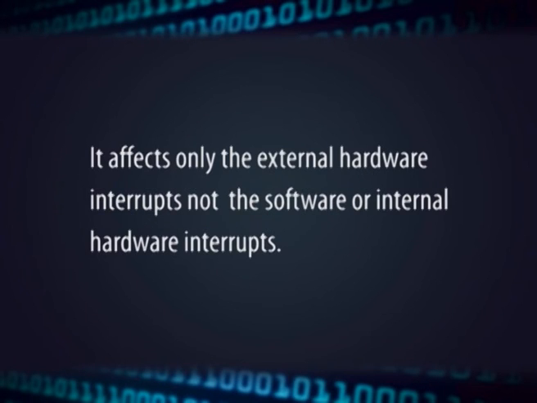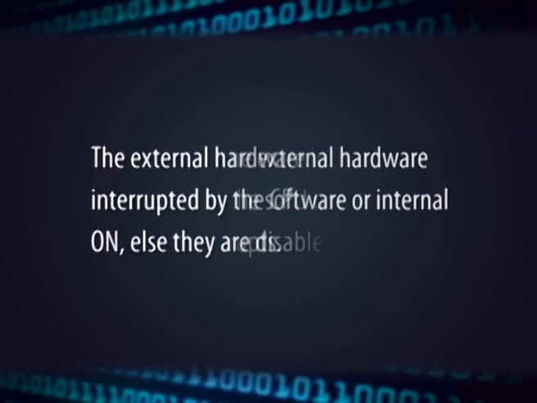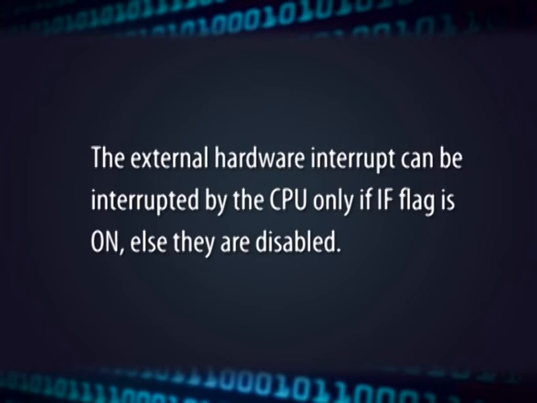It affects only the external hardware interrupts, not the software or internal interrupts. The external hardware interrupts can be serviced by the CPU only if the IF flag is on, else they are disabled. During the initiation of the interrupt service routine, 8088 resets the IF flag.